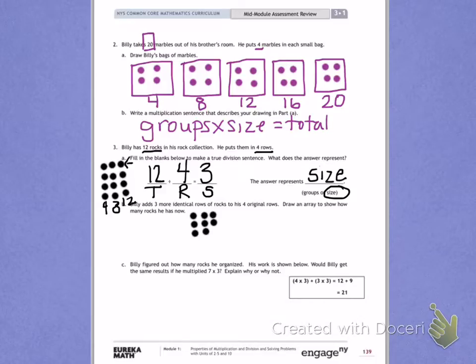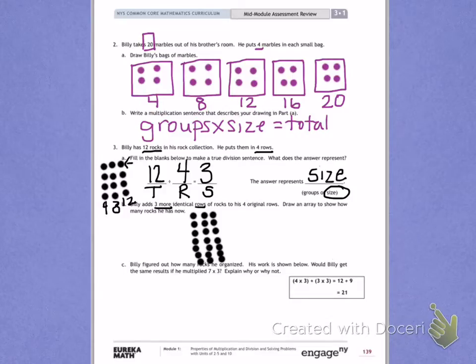My original array had 4 rows of 3. Now Billy has added 3 more rows to what he already has. So I'm going to add 3 more rows to where I started. There is my array. That's all I have to do on part B.